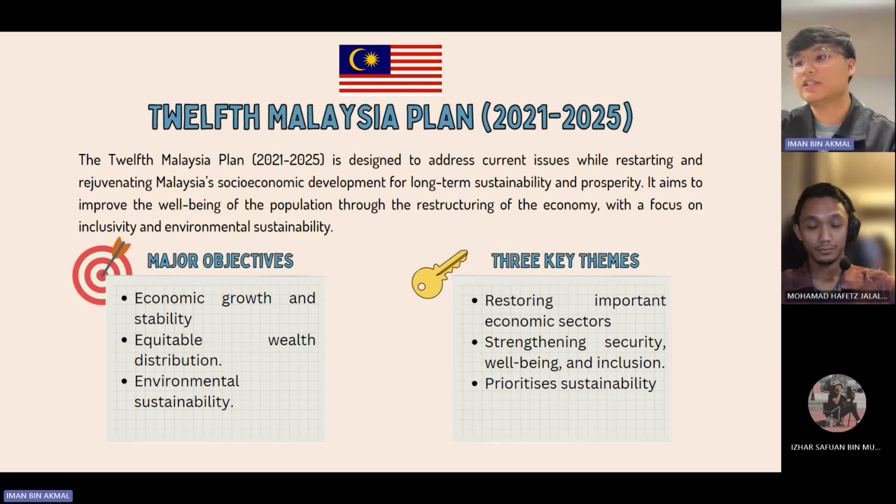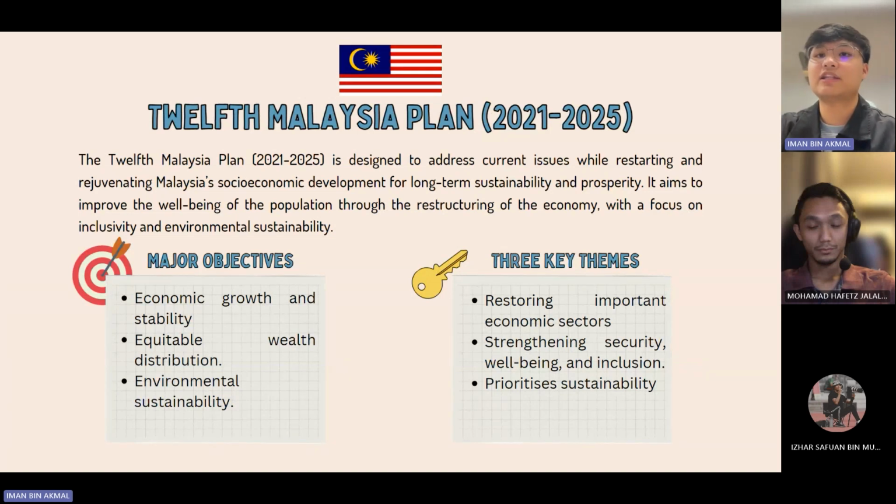Secondly, is the strengthening security, well-being, and inclusion. This is to improve housing, healthcare, national security, and social cohesion among Malaysians. So I believe by the word security, for example, data.